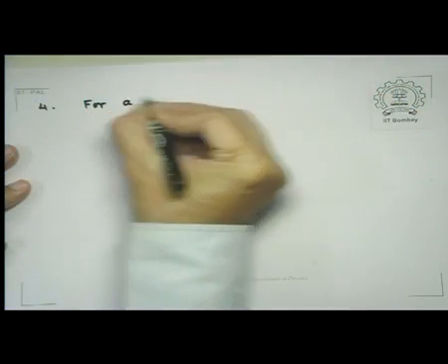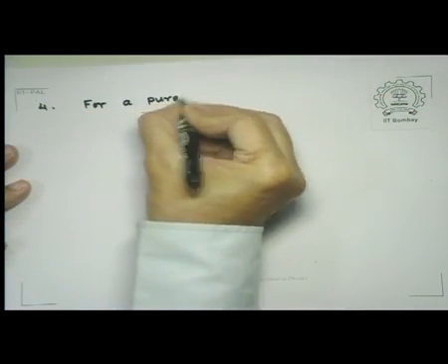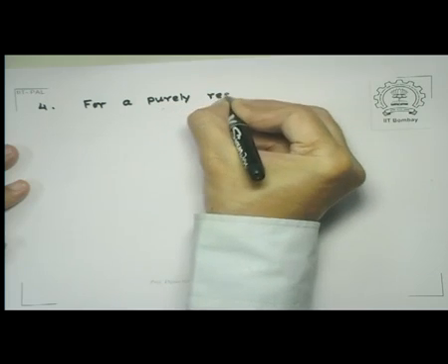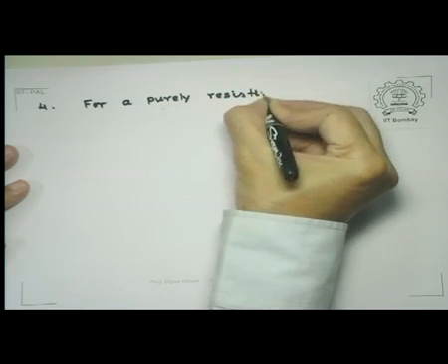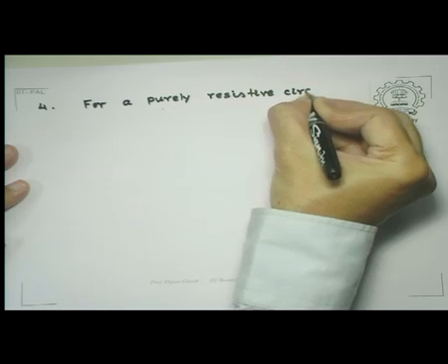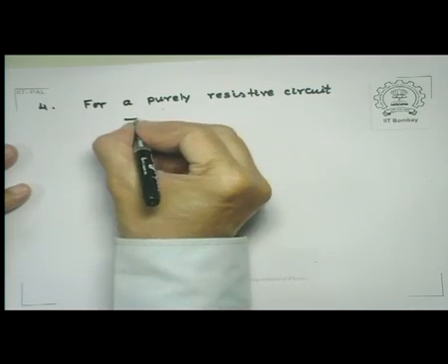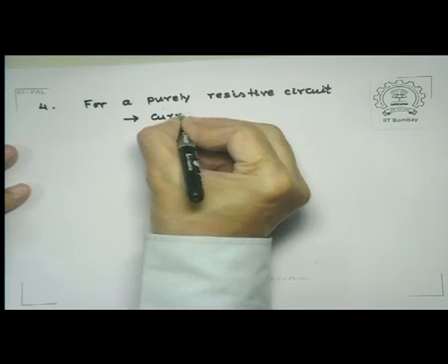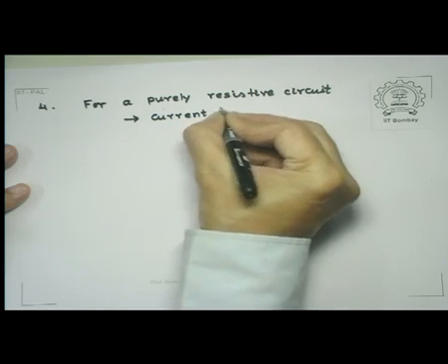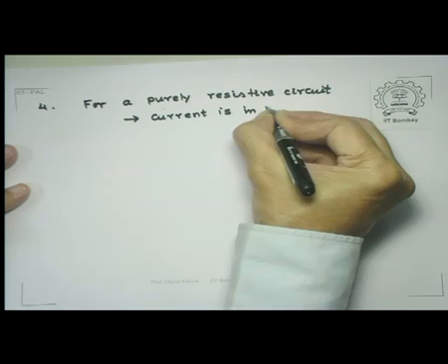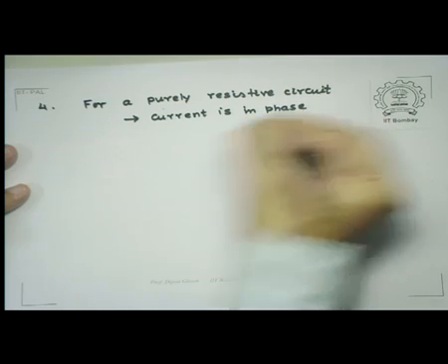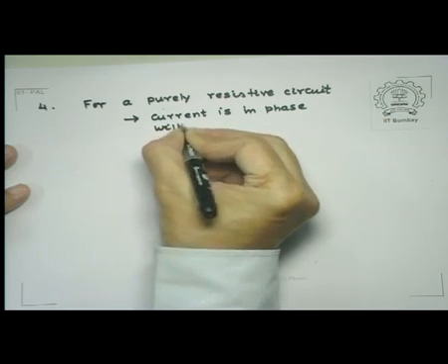After that, we looked at what happens when we put in various elements in this circuit, and we found that for a purely resistive circuit, the current is always in phase with the voltage.